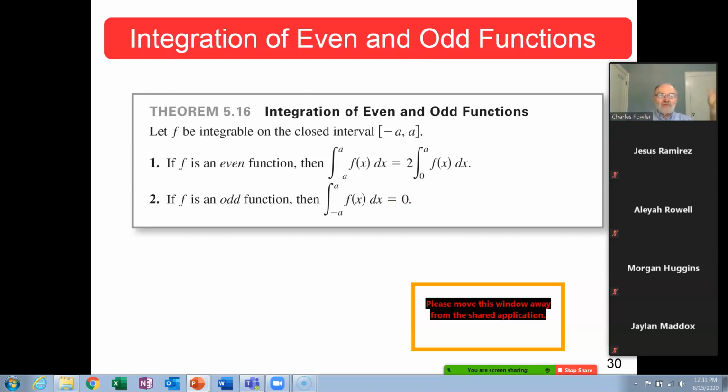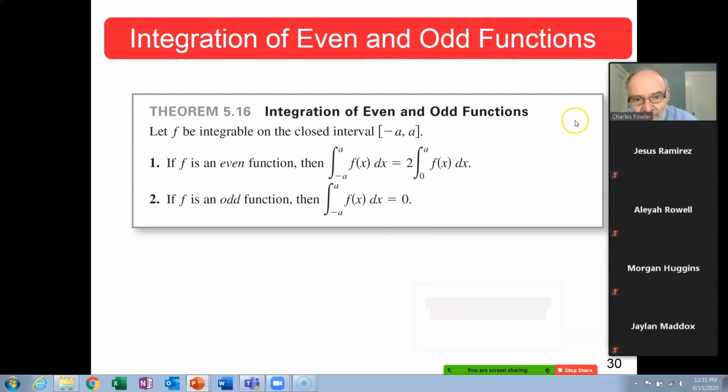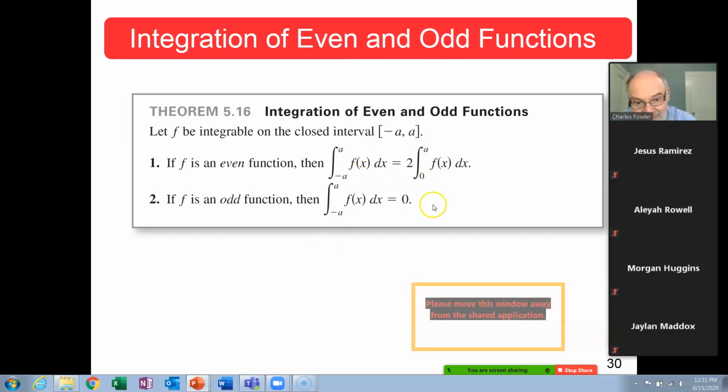When you add those together, you get 0. Nothing. Even function does the same thing on both sides, so just take half of it and double it. Easy way to go, because this integral going from 0 to a is usually easier to evaluate than going minus a to a. This one is just 0, so that's pretty easy.